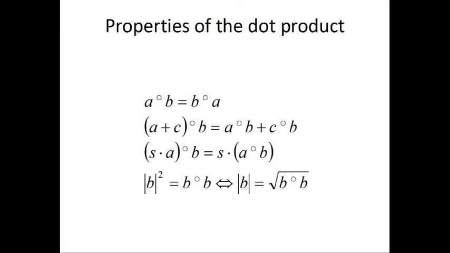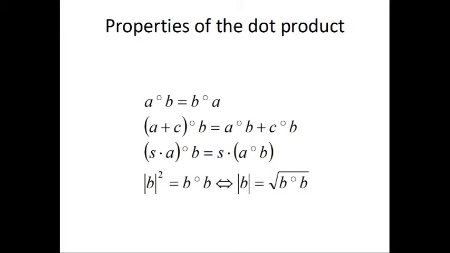Same with multiplication with a scalar. It doesn't matter whether you multiply one of the vectors with the scalar before you take the dot product, or if you take the dot product first and multiply with the scalar afterwards. So this is useful when doing algebra with the dot product, but probably the most interesting property of the dot product has to do with the length.